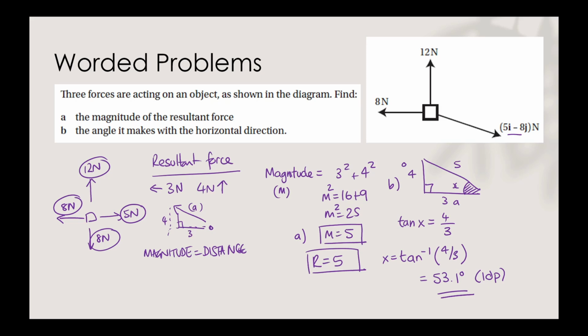And one thing just to add is that if they did want me to work out the resultant force, it's going to be 3 newtons to the left and 4 newtons up, which I could easily have written as a vector, which would have been minus 3i plus 4j.